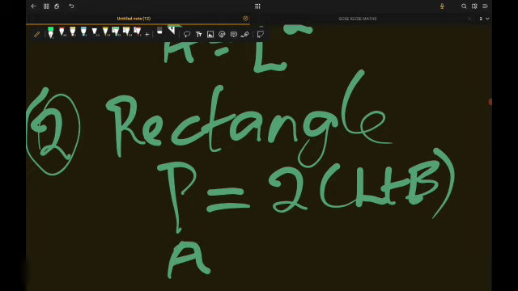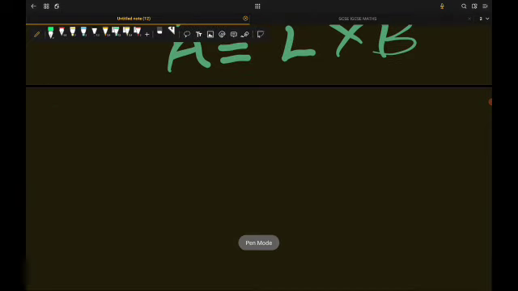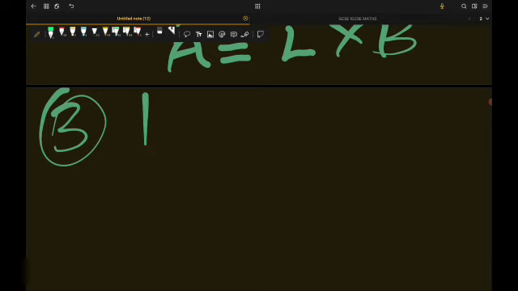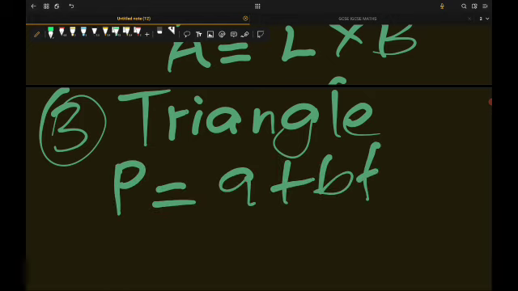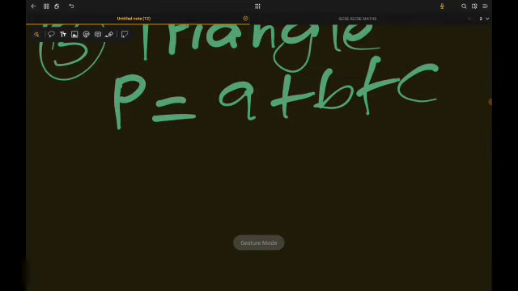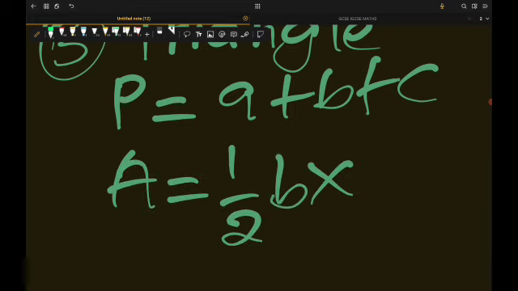And we say area is equal to length times breadth. And then the third one, we talked about the triangle, and I told you that the perimeter is A plus B plus C because it has 3 sides, and that the area is half base times height.